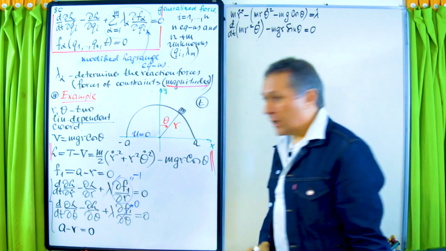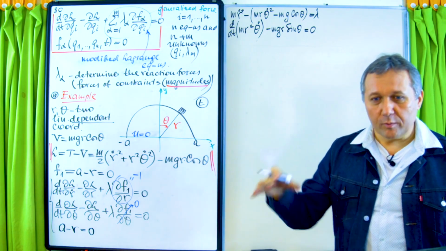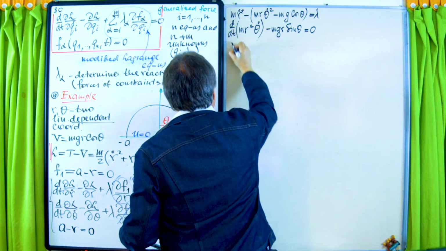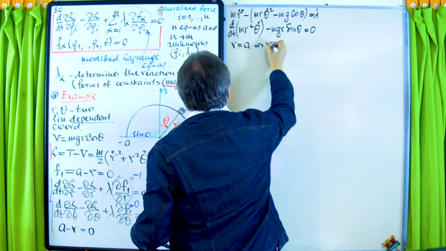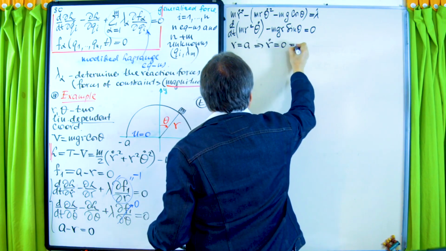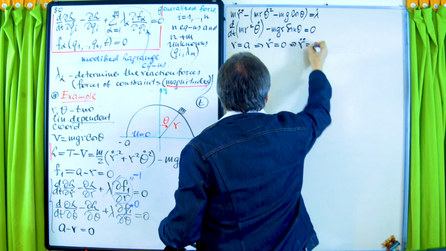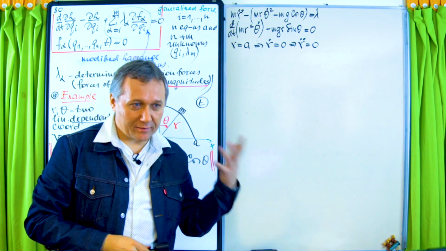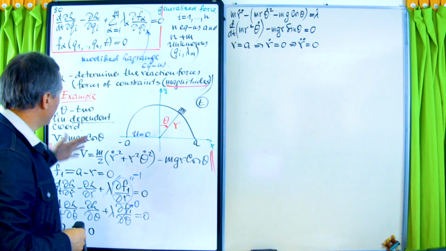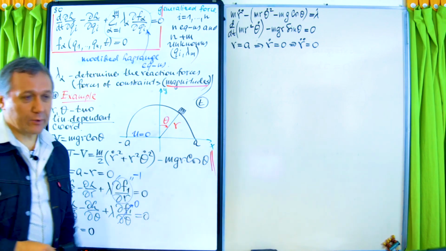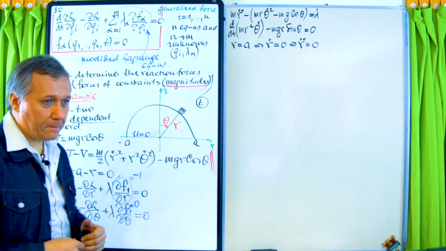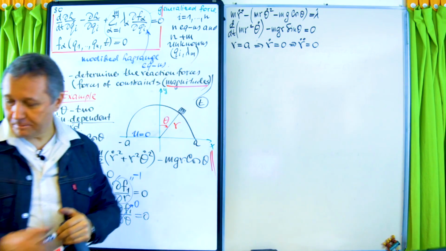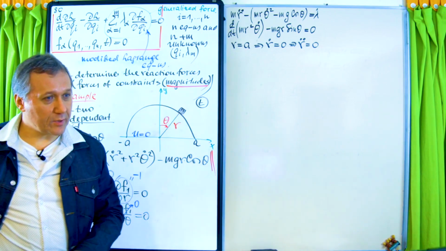And of course now, after getting these equations, only now we can start applying our constraints. So now r equals a. Then if you differentiate, you will get r dot equals 0 and r double dot equals 0 as well. In the standard Lagrangian approach, you apply these constraints immediately when you write the Lagrangian, but here only once you wrote down the Lagrange equations explicitly.